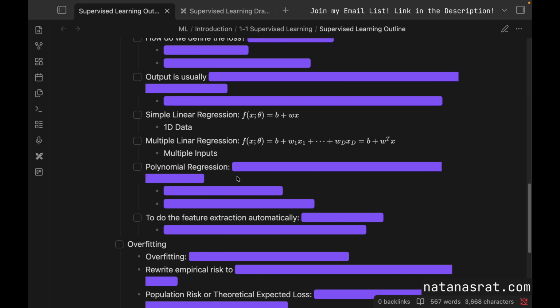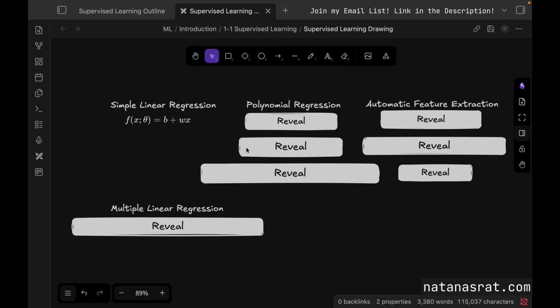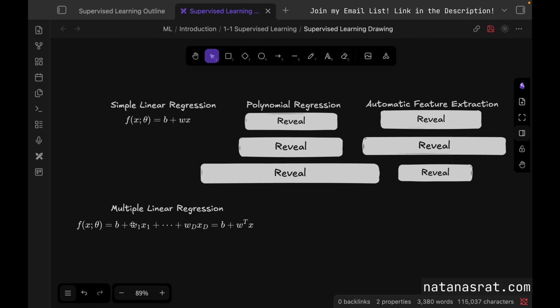But when we come to multiple linear regression, we can have multiple inputs, the same way we have height, weight, and number of legs for our cat and dog example, but we want a regression problem instead of a classification problem. So for multiple linear regression, we have a single bias term, then we have different weights for each kind of input.